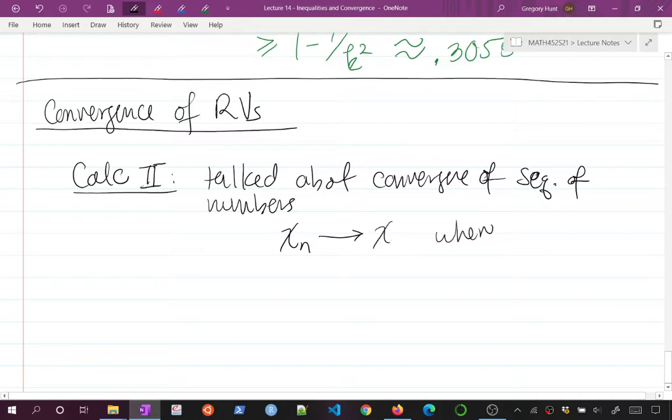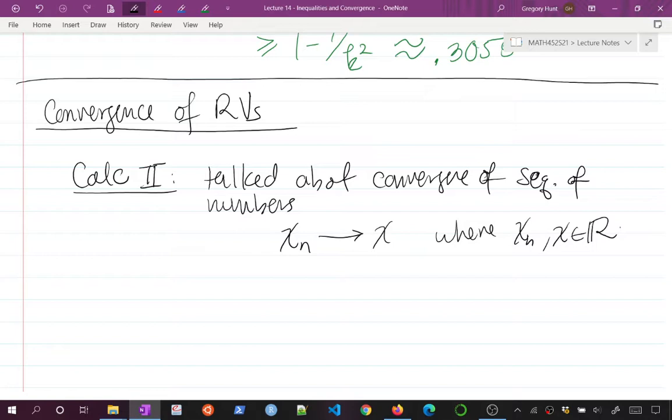Here we had xn and our limit, which is what's called x. Those are numbers, right? And people take Calc 2 and they don't really understand why you spend so much time talking about sequences and series until you get to either this class or an analysis class.